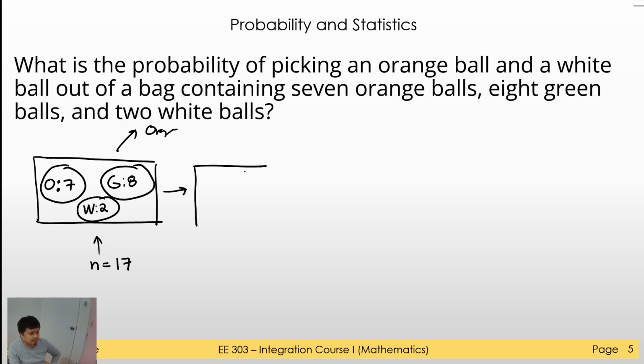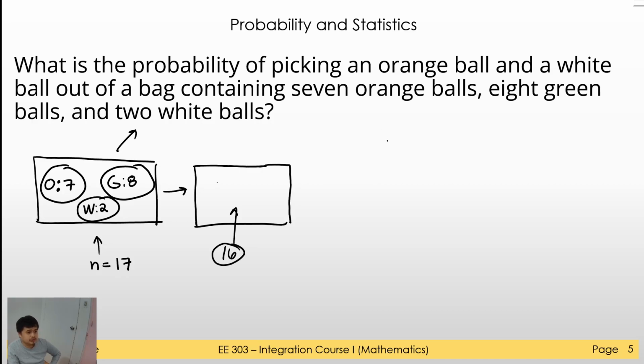After that, the number of balls will reduce. So you pick one orange, this will become 6 orange only, and the total number of balls will be only 16 after you pick one ball. So we have to consider that in our calculations.